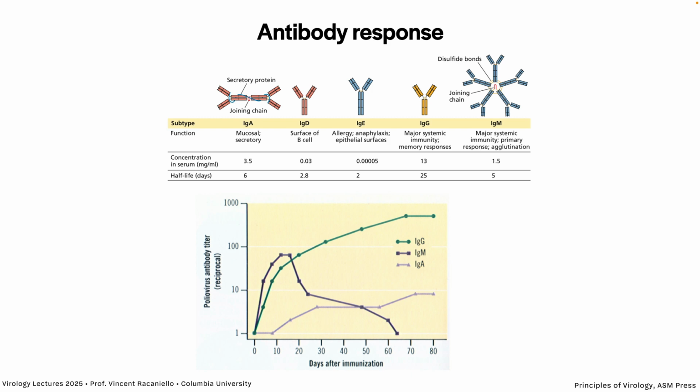So it's purposefully sent to the mucosa so that as viruses come in, they can be captured by these antibodies and neutralized. And those are usually dimers held together with a protein called the joining chain. And IgA is a tough one. It's hard to make, and it doesn't last very long.